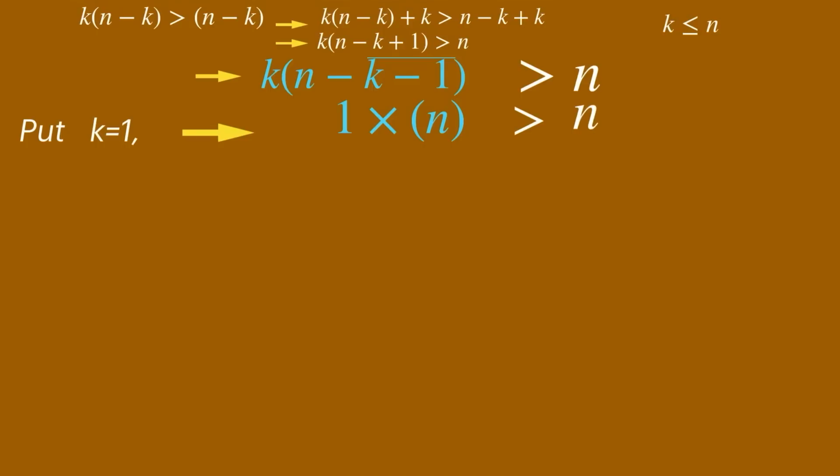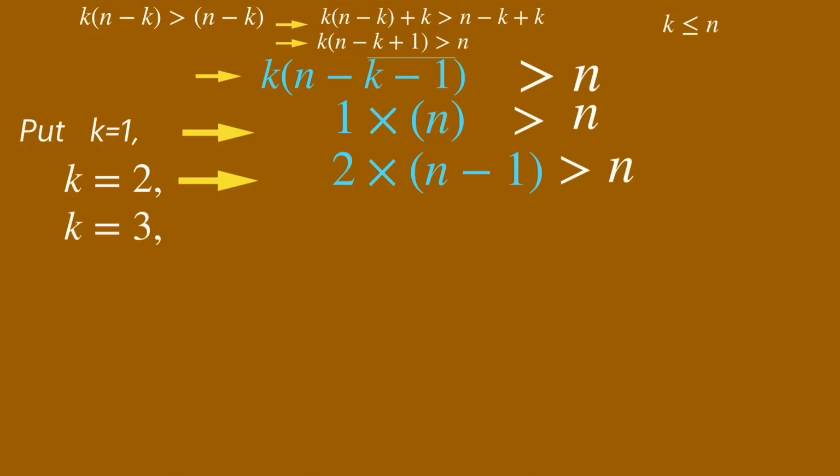And now put k equal to 2, then we get 2 into n minus 1 greater than n. And then put k equal to 3, we get 3 into n minus 2 greater than n.